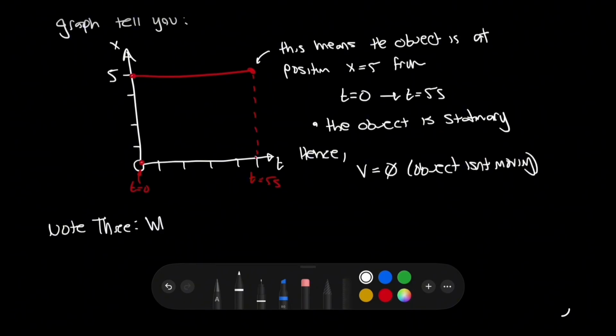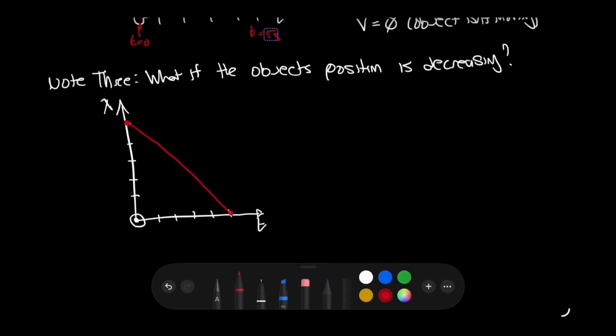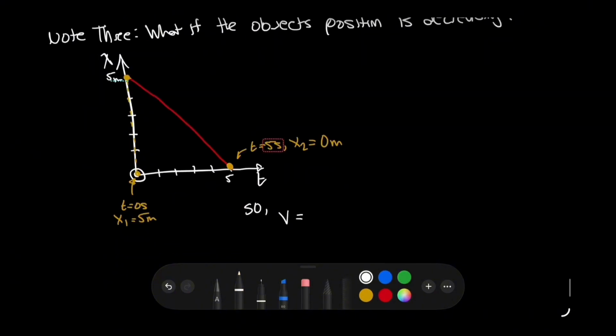We can also look at if an object's position is decreasing. So if we look at this position time graph here, where we have a downward slope in the position, we can identify that at time equals 0, the position is going to be x1 equals 5 meters, and then at time equals 5, the position is going to be x equals 0 meters. So it goes from 5 meters to 0 meters.